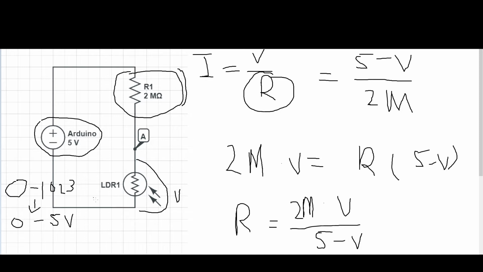So to convert between the signal that we measure, all we have to do is multiply by 5 over 1023. That gives us the voltage from a digital Arduino signal. Then we can take that voltage, input it into this equation, and solve for the resistance of our photoresistor.